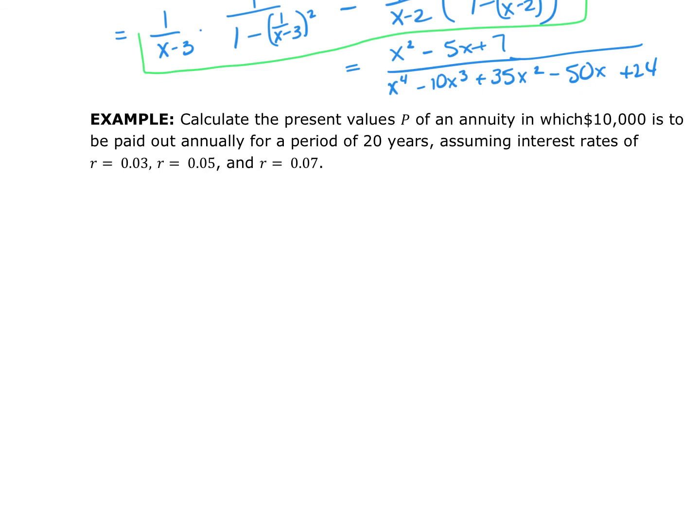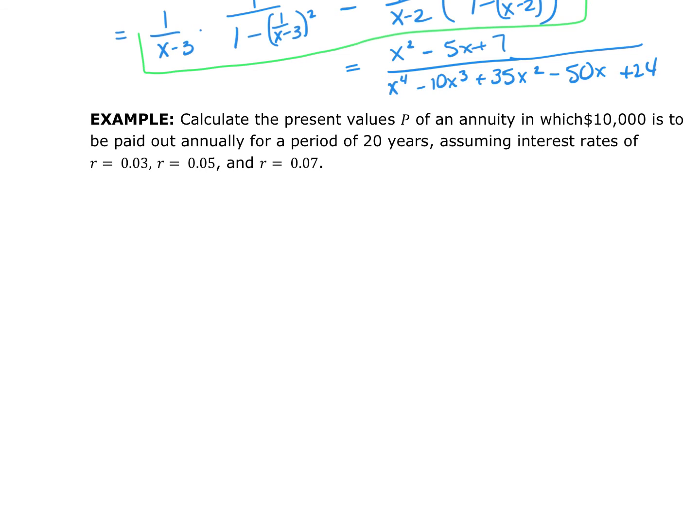Here's an example where we have a real-life application. We're going to calculate the present value P of the annuity in which $10,000 is to be paid out annually for the period of 20 years, assuming the interest rates of R equals 0.03, R equals 0.05, and R equals 0.07. So 3%, 5%, and 7%.